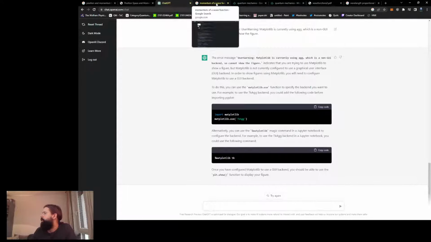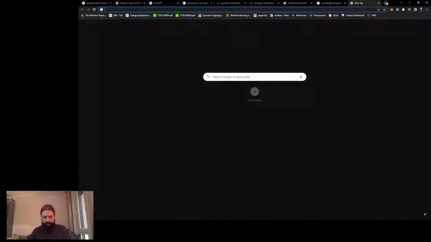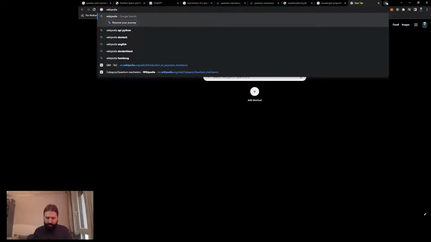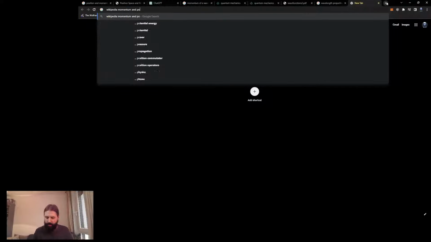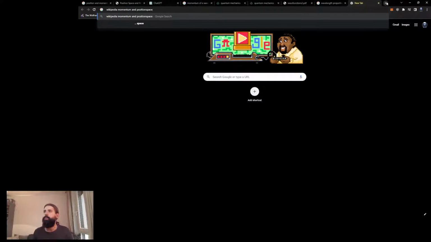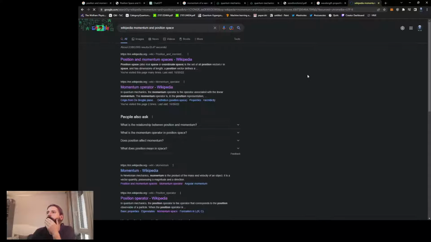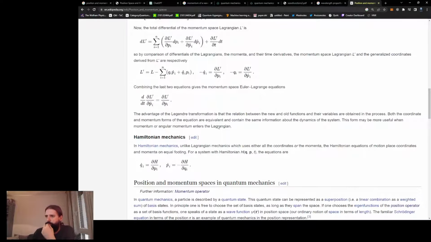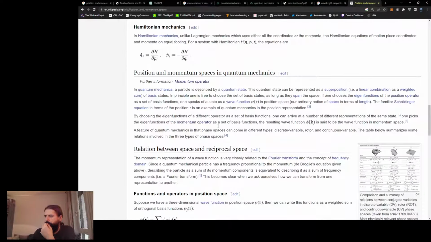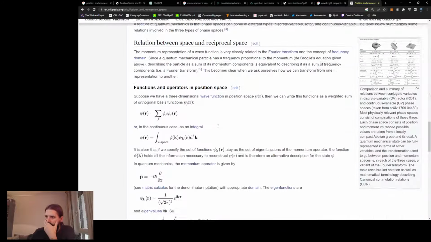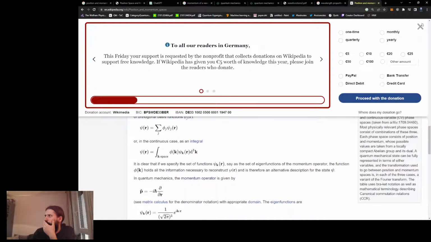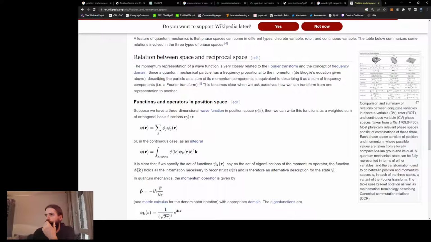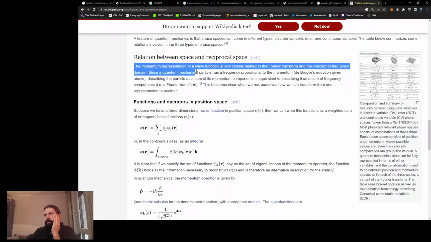So you have a wave, it just takes me back to the Wikipedia page on momentum and position space. It's telling me the momentum representation of a wave function is very close to the Fourier transform in the frequency domain.